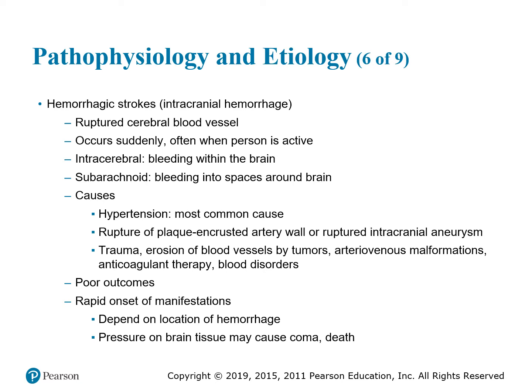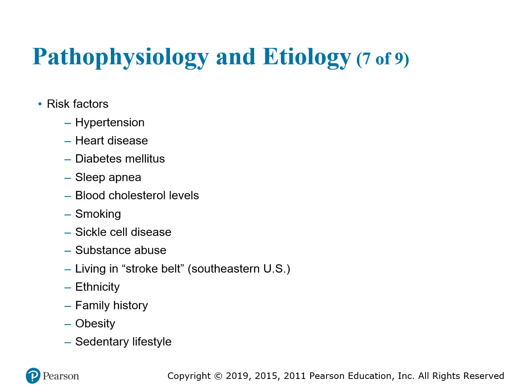The onset of manifestations from a hemorrhagic stroke is rapid, and it depends on the location of the hemorrhage, but you will see vomiting, headache, and again, a sharp pain, seizures, hemiplegia, so some paralysis, and loss of consciousness. Pressure on the brain tissue from increased intracranial pressure causes coma and death. And again, the survival rate from hemorrhagic strokes is very small.